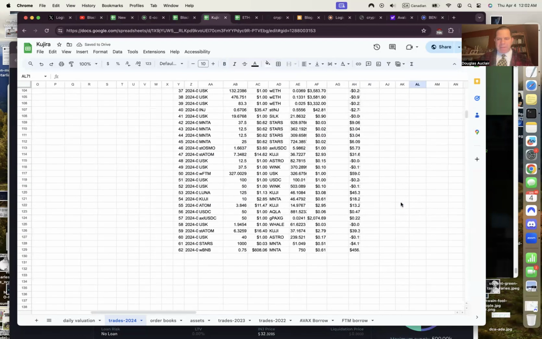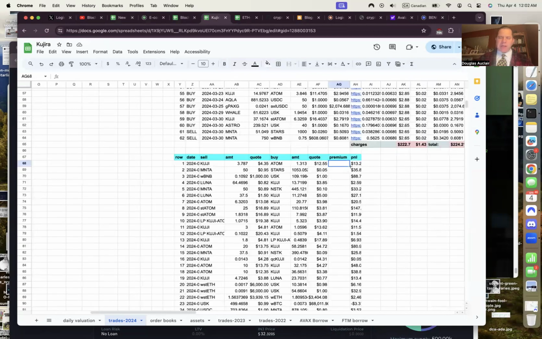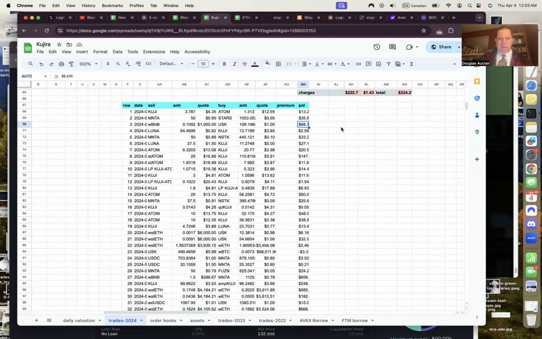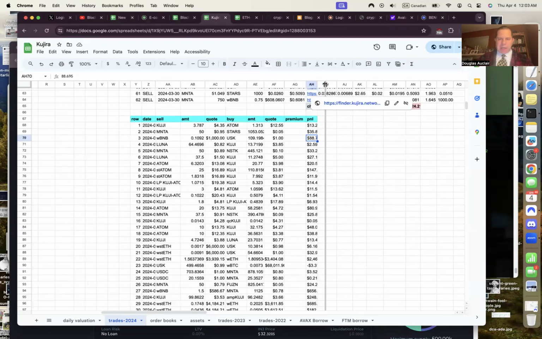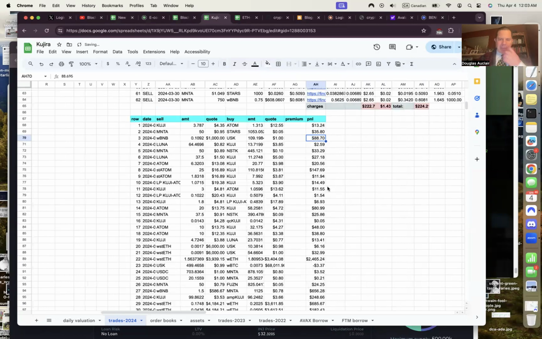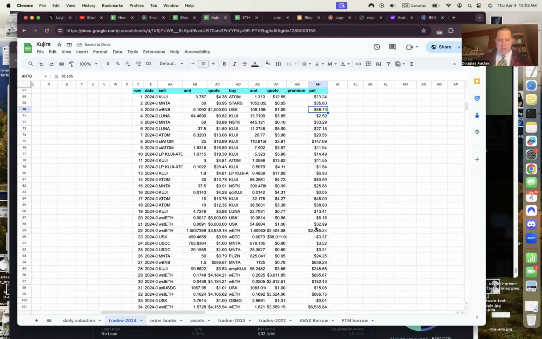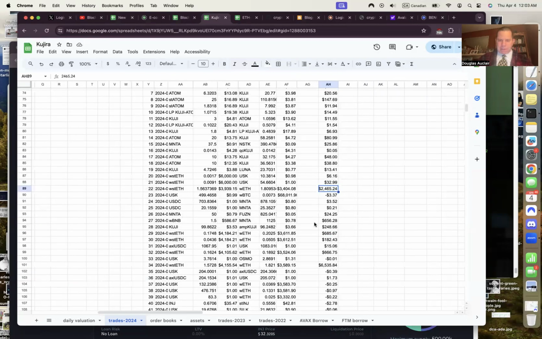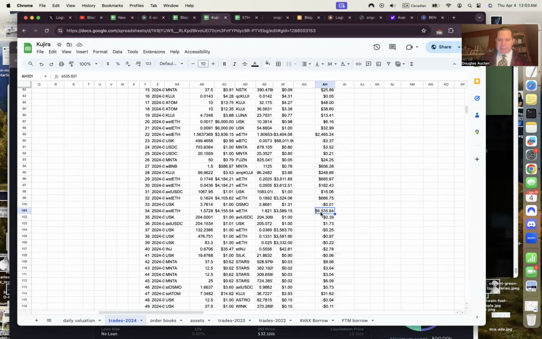And so now I have captured profit and loss information per trade. And so you can see which trades I made a profit on, by how much I made a profit on. This was a pretty good trade. This was an amazing trade.